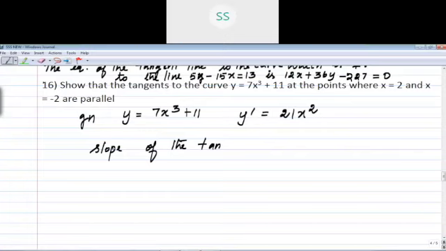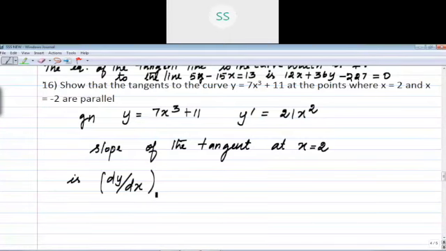Slope of the tangent at x is equal to 2 is dy by dx at x is equal to 2, which is 21x square. So 21 into 2 square, which is equal to 84.